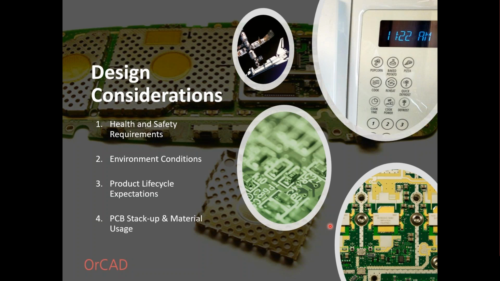Product life cycle: how long you expect that product to last without being redesigned. So that life cycle is very important to take into account. Then most important would be the stack up or the material used. The selection and the consideration for those stack up materials are also very important.